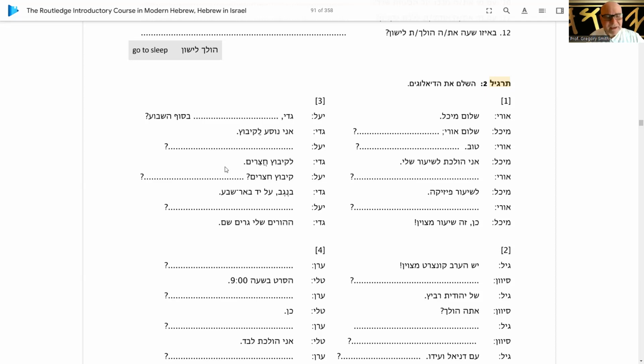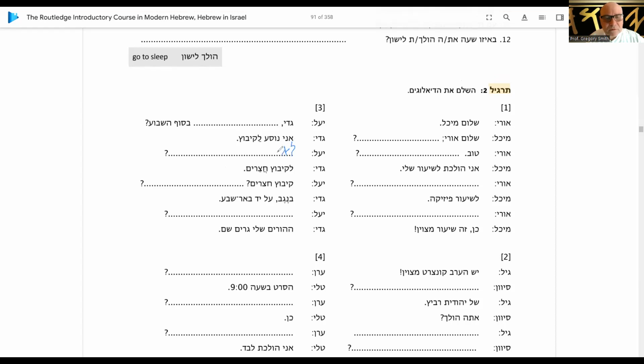But I think Laisse is the correct term here because we're going to use to which. And remember, kibbutz is masculine, so we're using Laisse.